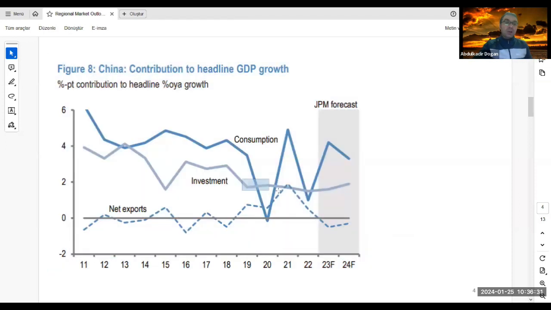Investment has almost stayed the same for approximately 10 years, because China is not growing with investment today. They are growing with consumption and net export. For instance, Turkey was trying to increase its GDP growth with consumption, but then we converted our consumption-driven economy to an investment-driven economy over the last 5 years.